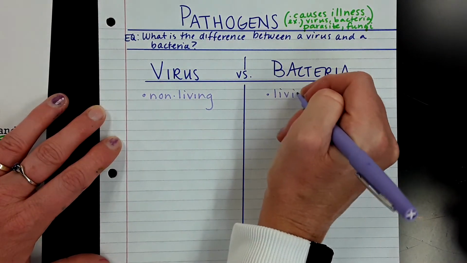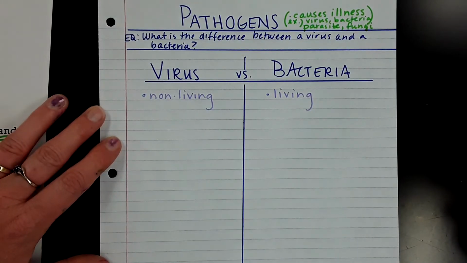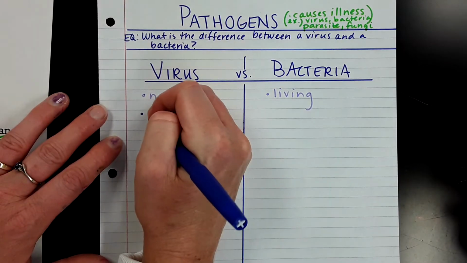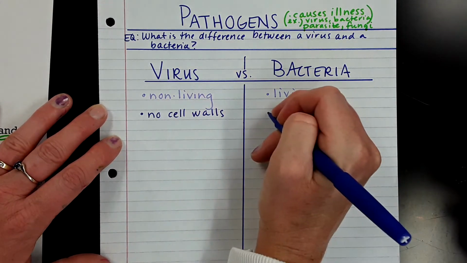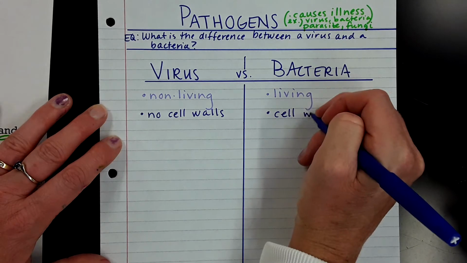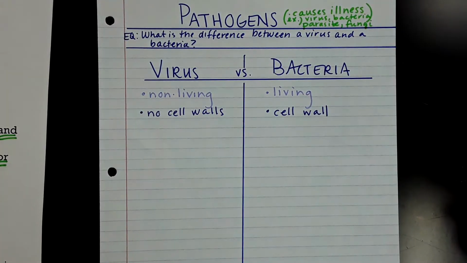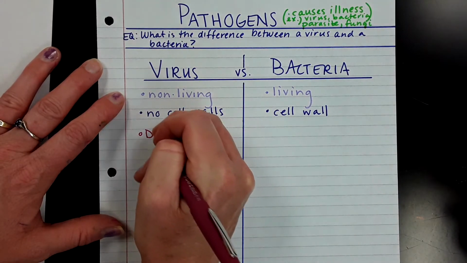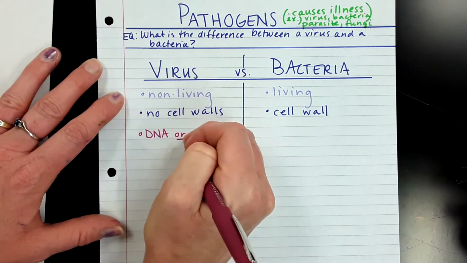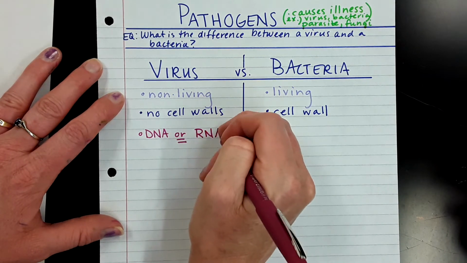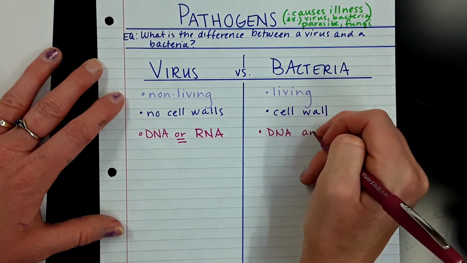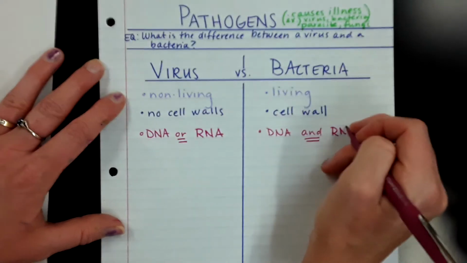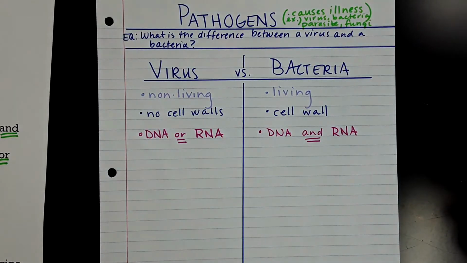Bacteria are living cells. Because viruses are not living, there are no cell walls in a virus, but bacteria can have a cell wall. For genetic information, a virus has either DNA or RNA. Bacteria have both DNA and RNA because they are living things.